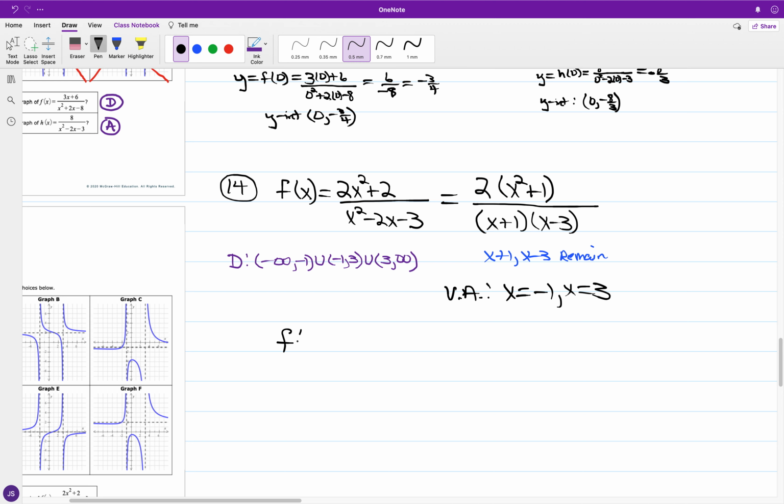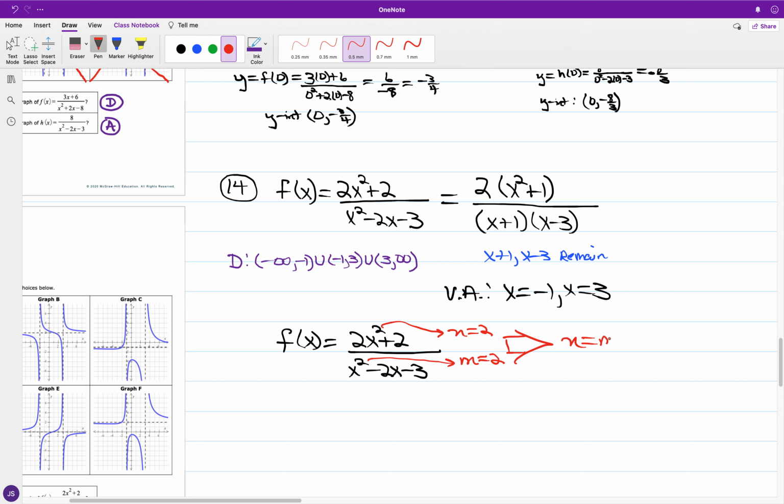And in terms of any other asymptotes, again, you have the numerator degree at 2, and in the denominator you also have 2. And so here we have that n is equal to m.